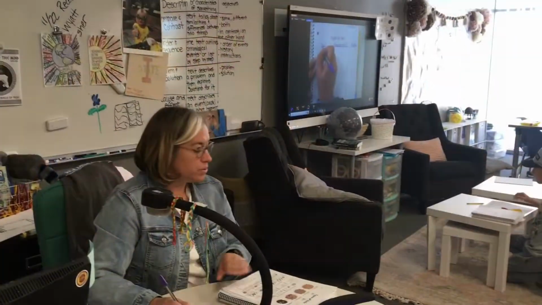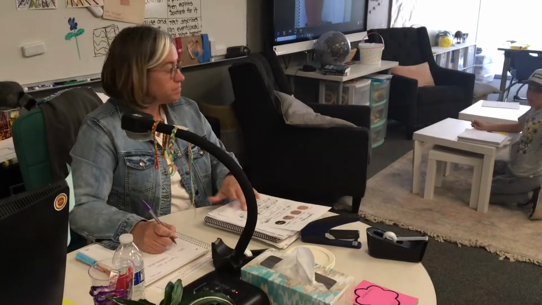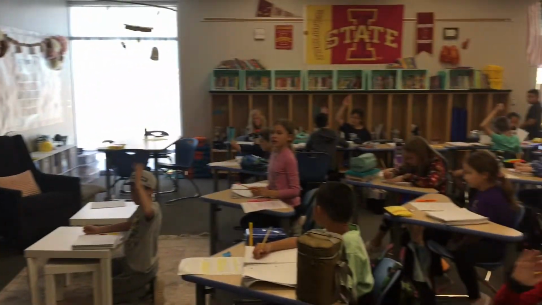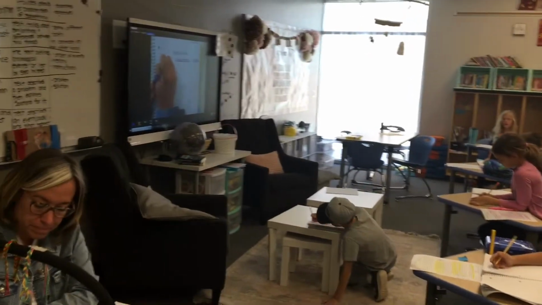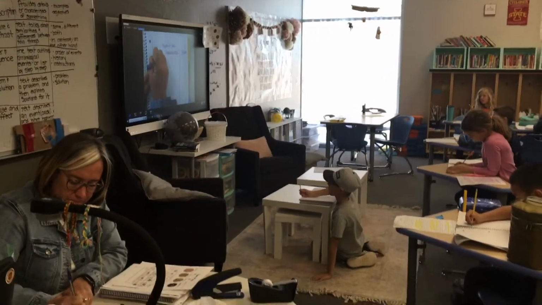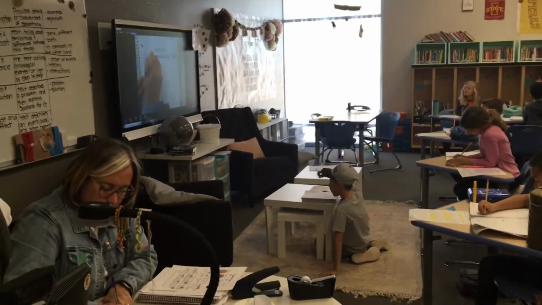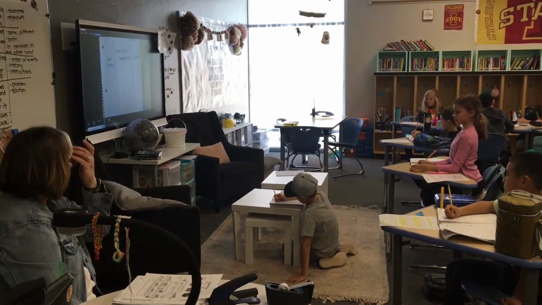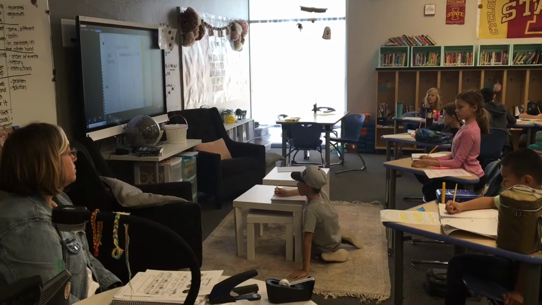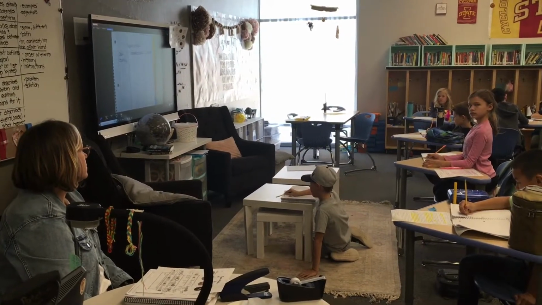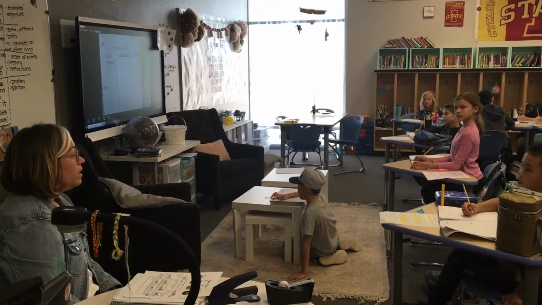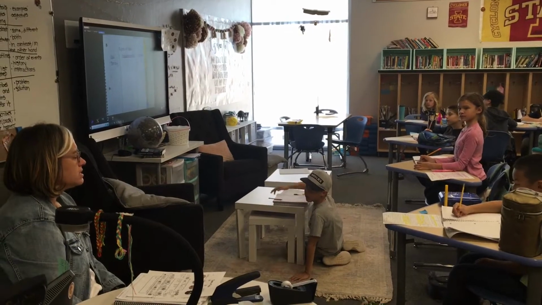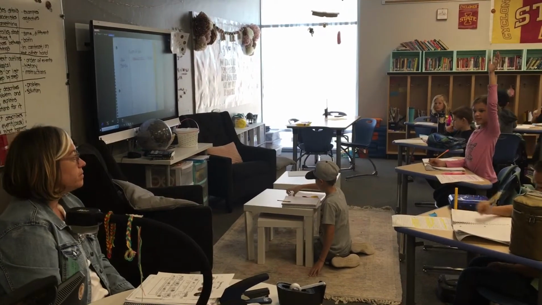What's the first kind of soil that the article talked about? Sandy. So we'll write sandy. And what was one of the characteristics of sandy? What was something that we read about? Dylan?